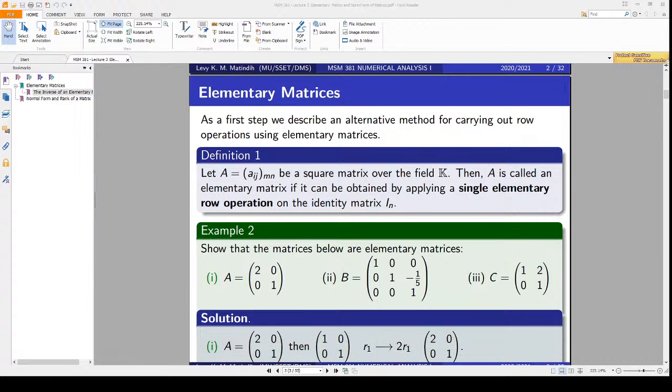Looking at matrix A, Roman numeral 1, matrix A is a 2 by 2 matrix. The entry in row 1, column 1 is a 2.